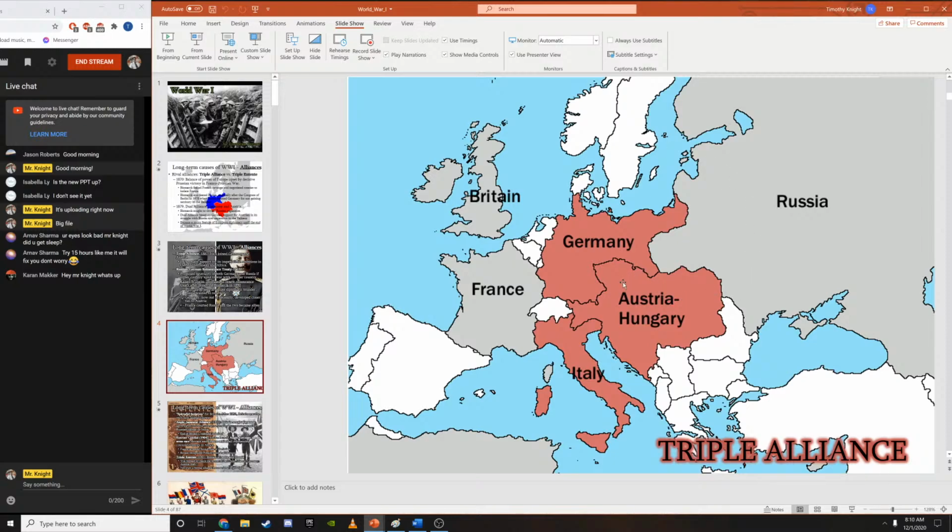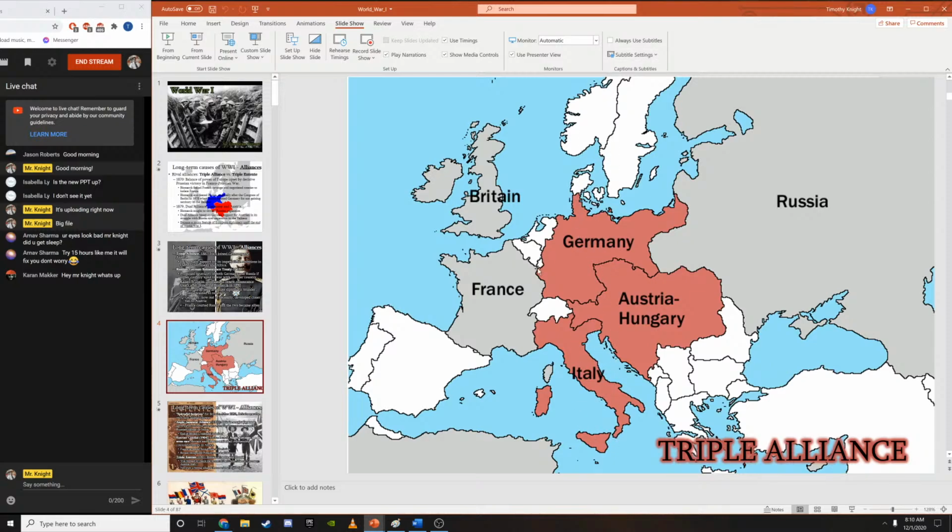When the war begins, the Triple Alliance, these ones right here in this kind of pink color, or red, become known as the Central Powers because they are in Central Europe, okay?